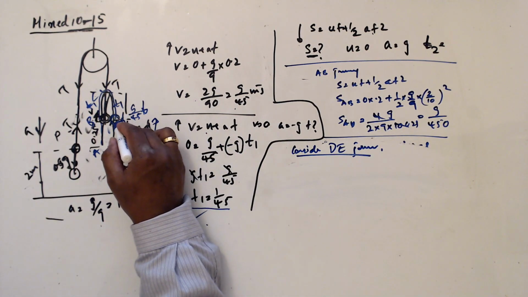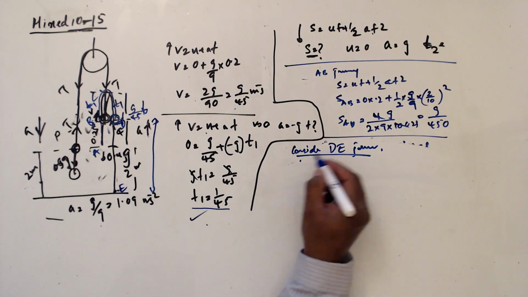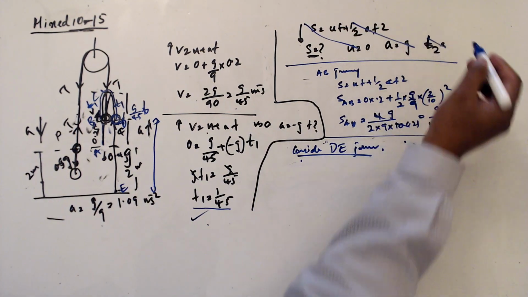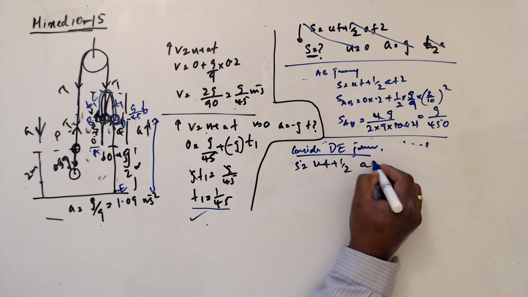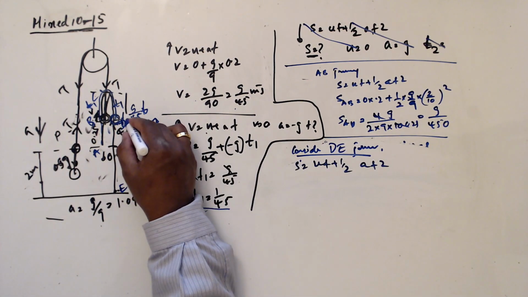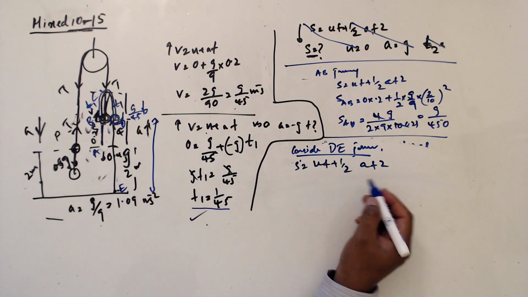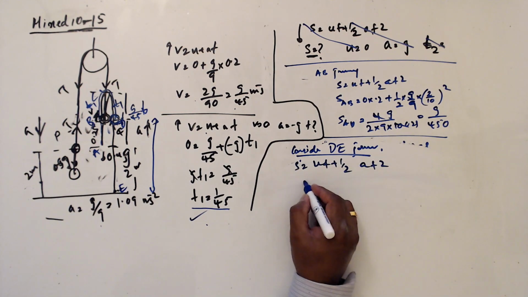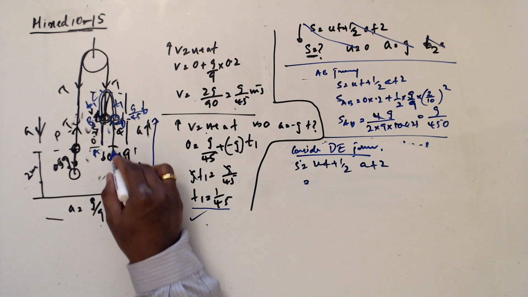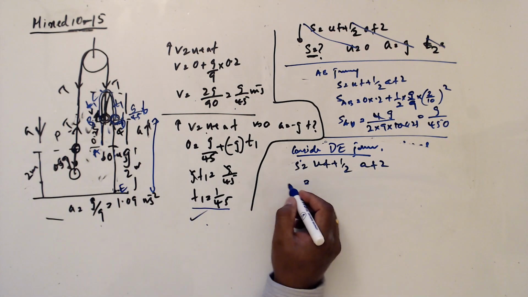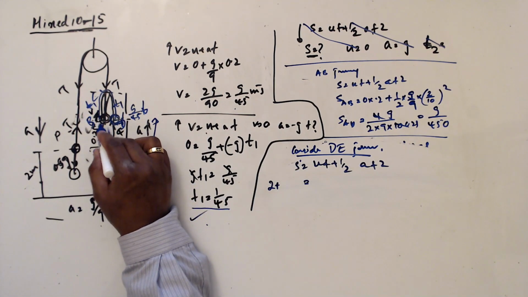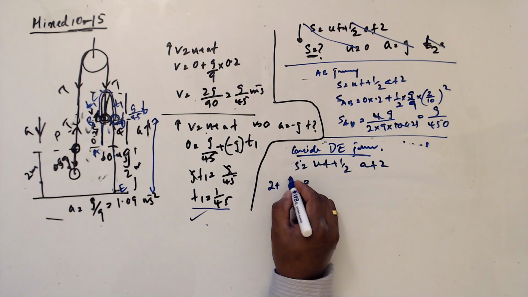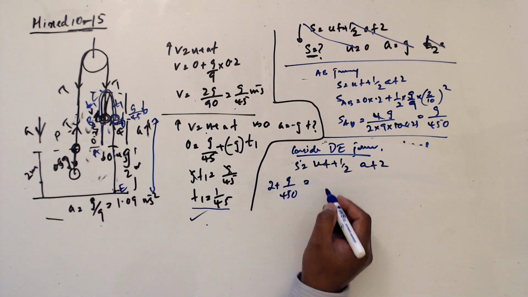Then we'll put s equals ut plus half at squared for this journey. So this height is going to be, we found this is 2, and this height AB we found to be g over 450.